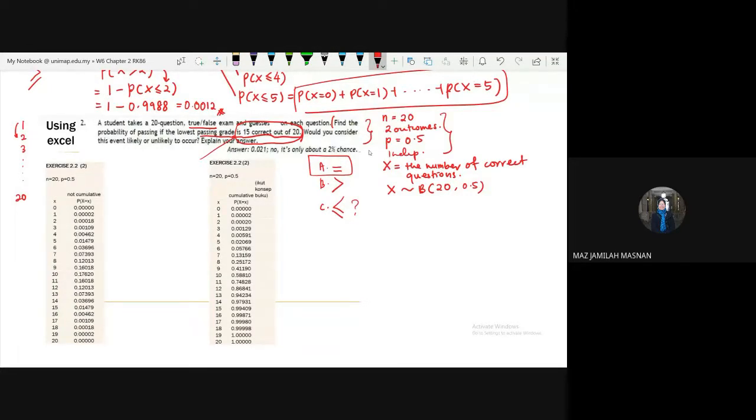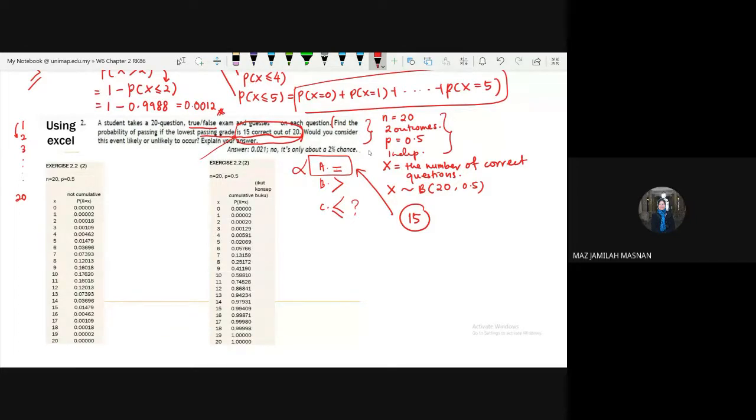No, wait, let me correct. If only "is" means that out of 20, the passing mark 15 is your keyword. Is it exactly? No, this is wrong. Find the probability of passing if the lowest passing rate is 15.